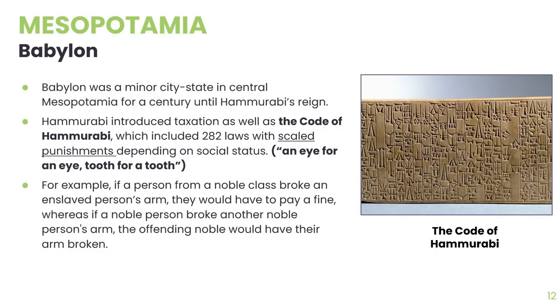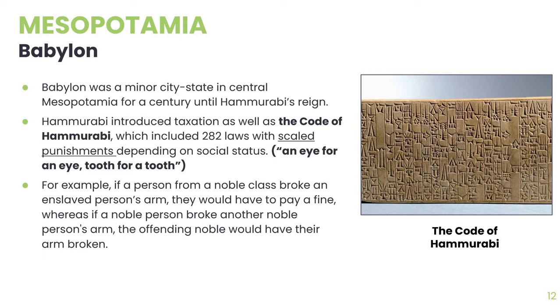And then finally, the very last civilization under Mesopotamia comes the Babylon. Okay, ang Babylon was just a minor city-state in central Mesopotamia, but things changed when Hammurabi ruled Babylonia. So he's considered one of the greatest emperors of the Babylonian Empire.